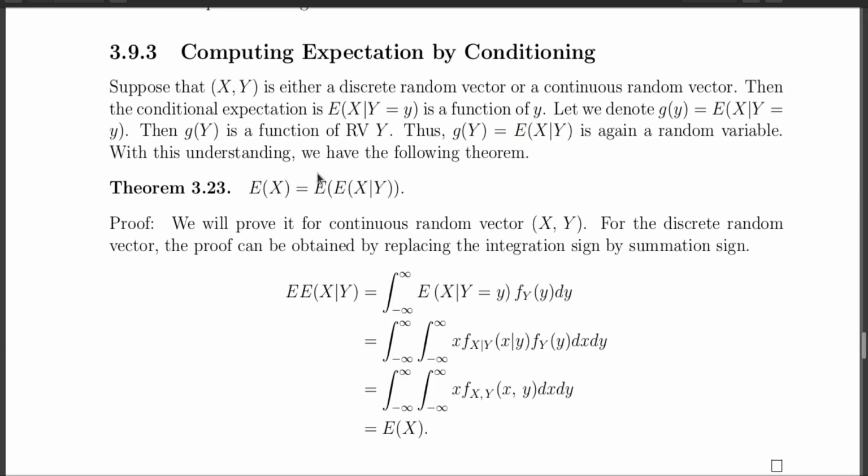Now notice that when I write two expectations here, the inside expectation is with respect to the conditional distribution. I find the conditional expectation of X given Y equals y, and then replace small y with capital Y to get expectation of X given Y. This expectation is with respect to the conditional probability mass function or conditional probability density function, depending on whether (X, Y) is a discrete or continuous random vector.